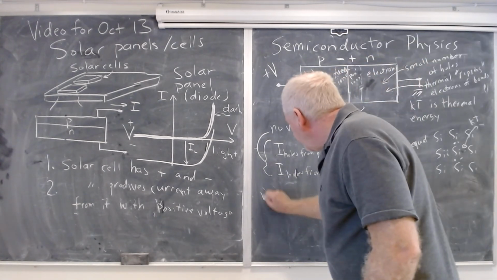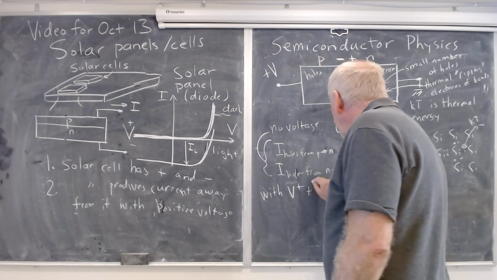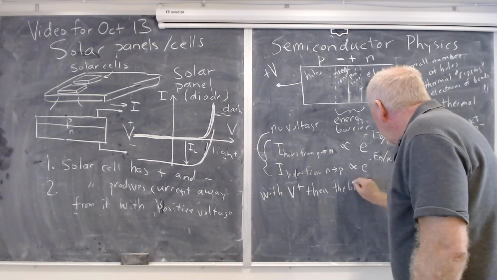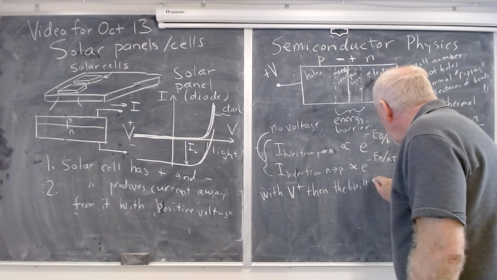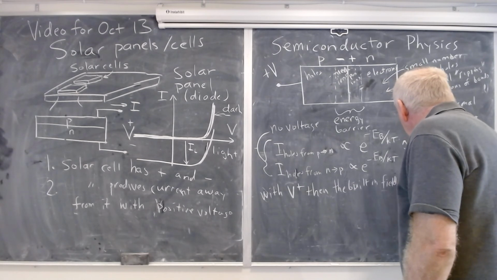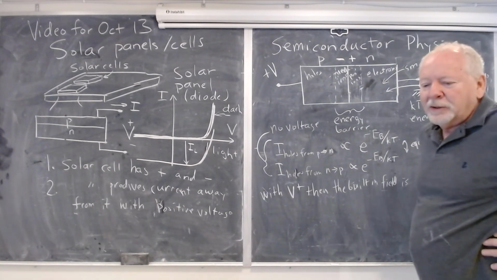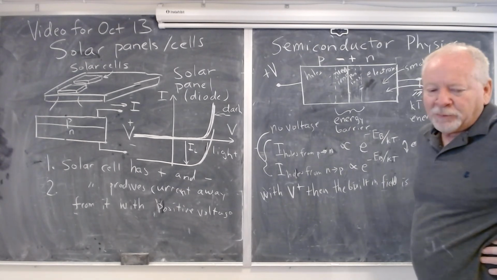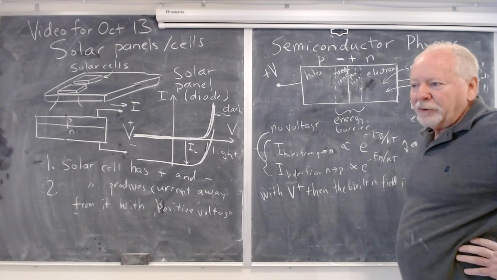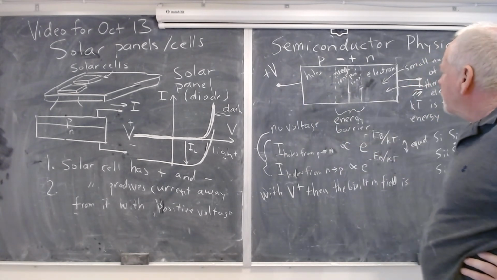Now, with positive voltage, the built-in field is, and this is where I miss being in person, those of you watching, all right, I put a positive voltage on the P side.